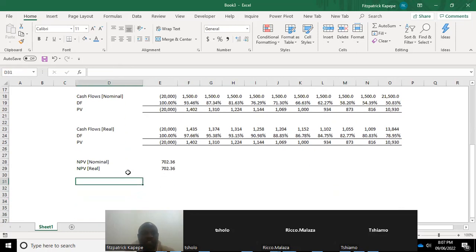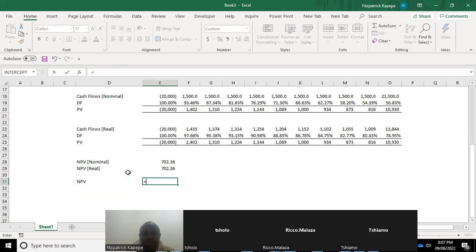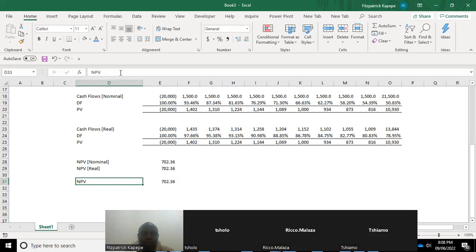So once you have these numbers, you can calculate your NPV, which is for your nominal. You say sum, you pick the present values, you sum all the present values, you have that number. It's nominal.